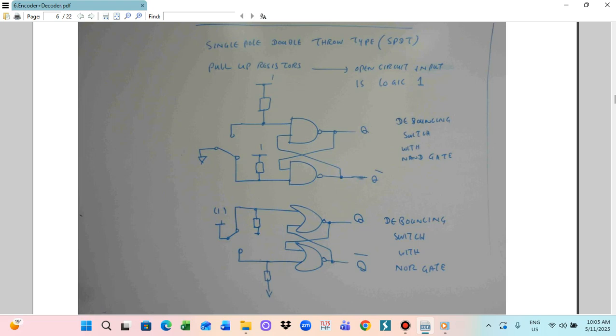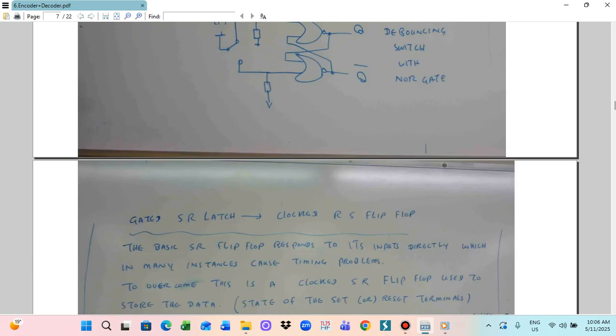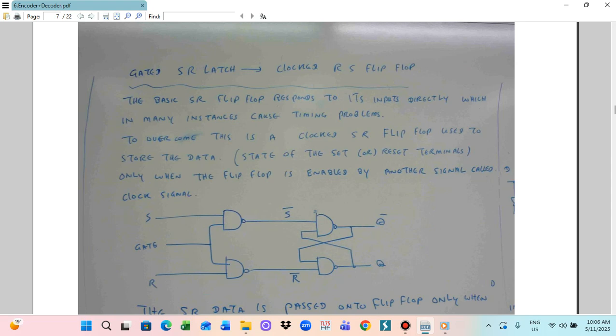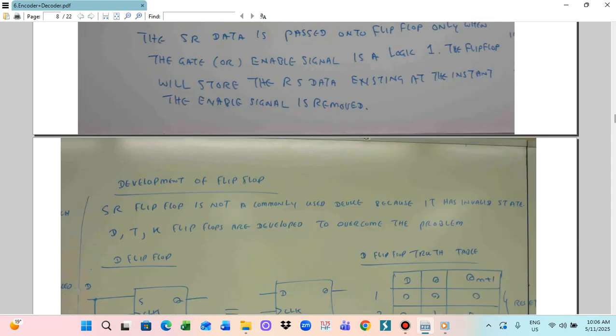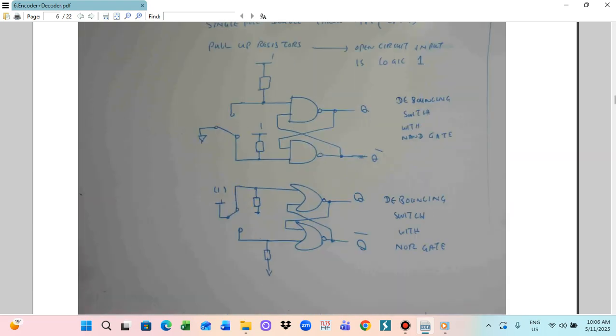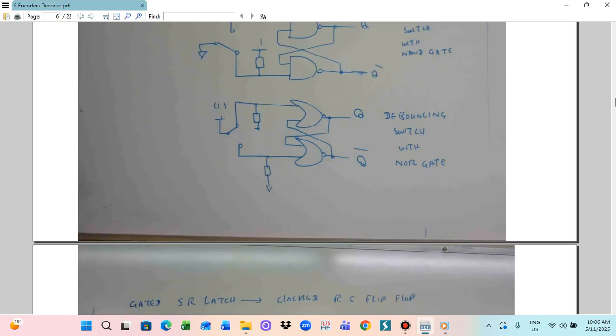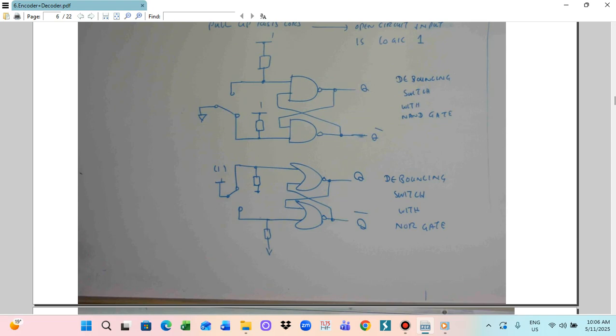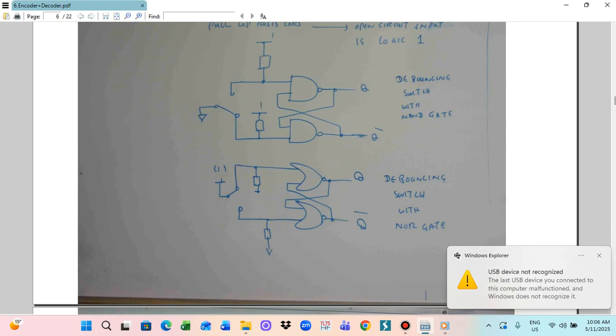So NOR gate. So here we use the NOR gate. This is a NOR gate. NOR gate we also use for the SR flip-flop. This is for 1, and this one we use this switch.